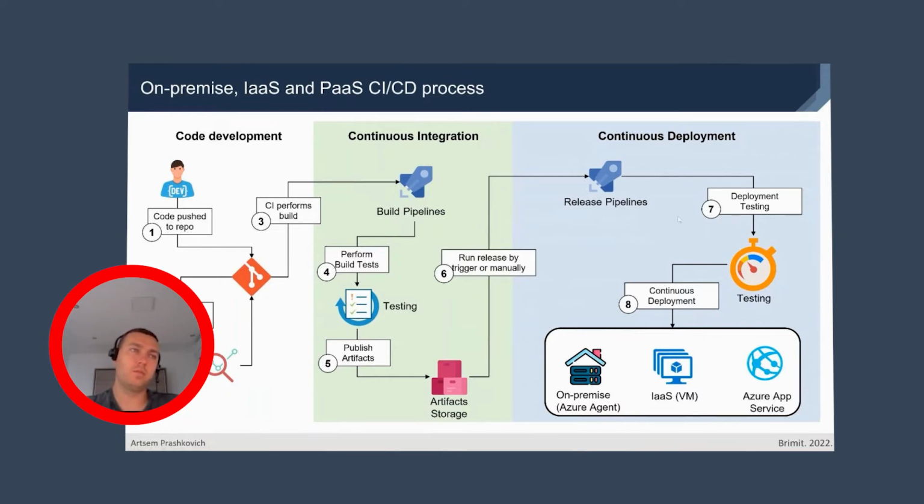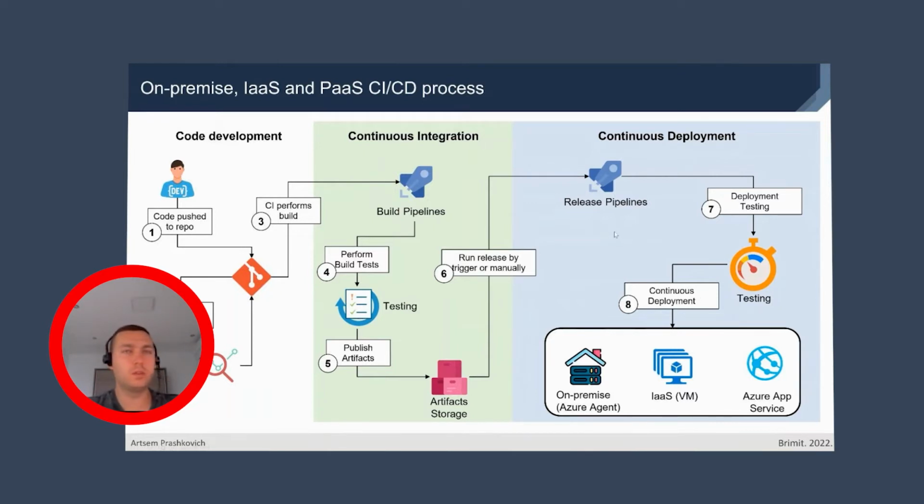And finally, our changes come to the server on Azure, on-premise, IaaS, web apps, doesn't matter. So actually our code is deployed. This is how it looks for most regular ways to deploy our applications.